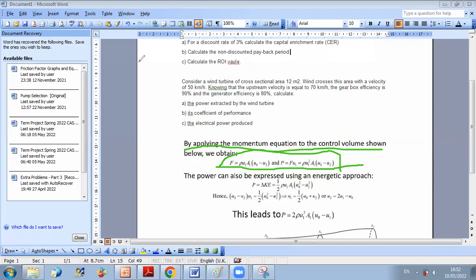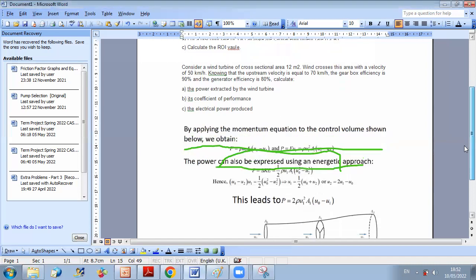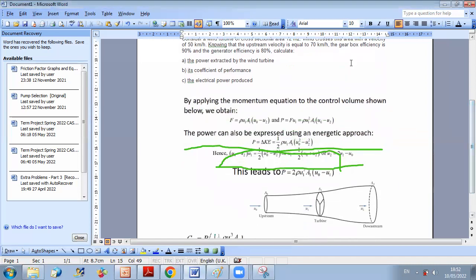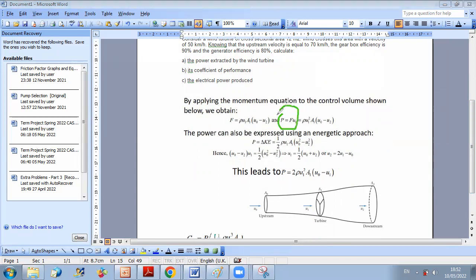Okay, so here if you go back to the course material, we derived together what is the force developed within the turbine using the momentum equation concept. And we know that the power is force times velocity. So we have a formula giving us the power that can be extracted from our turbine.